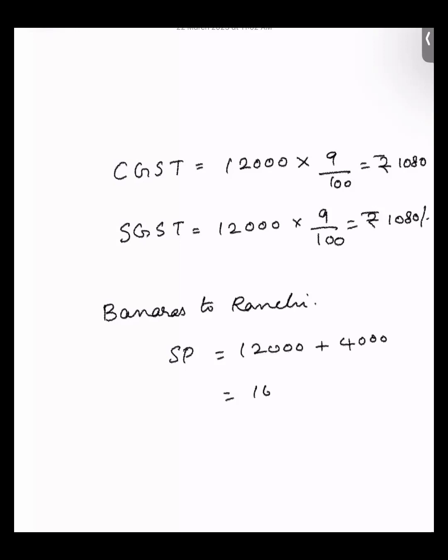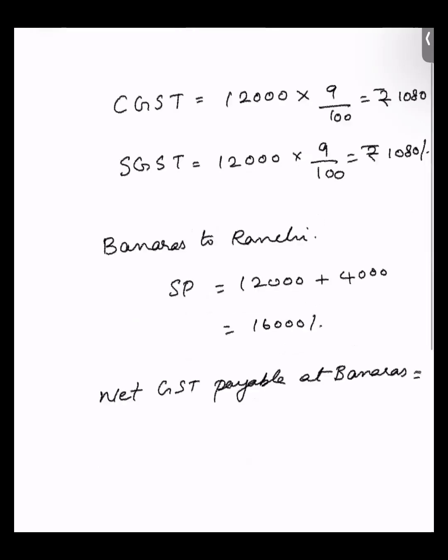So 16,000 is the selling price. So you need to calculate the net GST payable at Banaras. Okay, so the net GST payable at Banaras is output tax minus input tax.